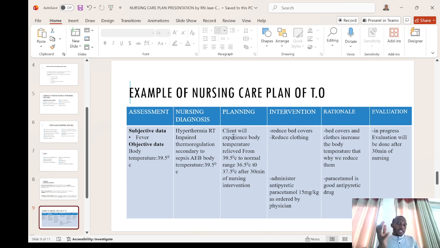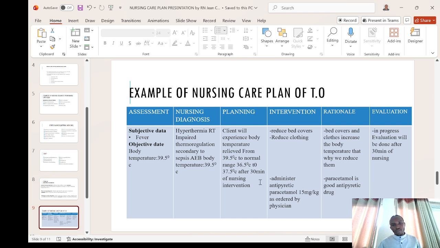In the planning part, you will say it in a way that is client-centered. You will not say "to reduce the temperature." You will say the client will experience body temperature relieved from 39 to the normal range, which is 36.5 to 37.5, after 30 minutes of nursing intervention.